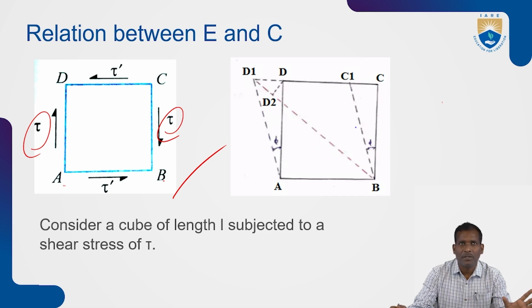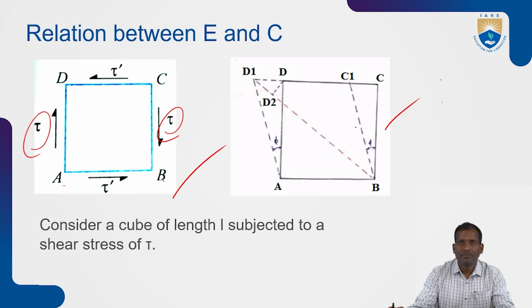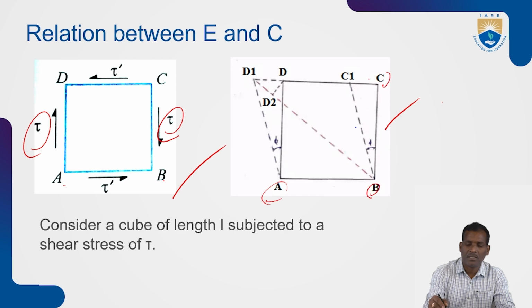Some deformation will occur in this cube. You can see the deformation in this figure. Initially the points are A, B, C, D. After deformation they become A, B, C1 and D1.